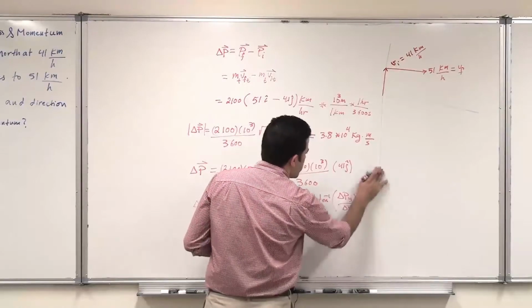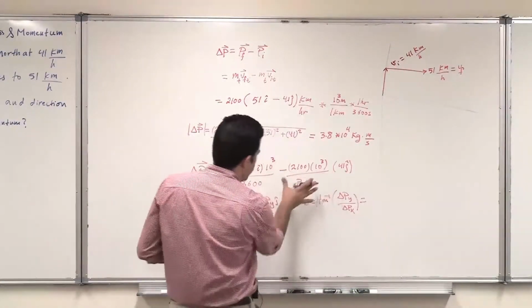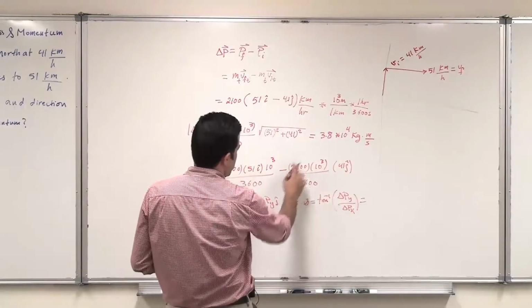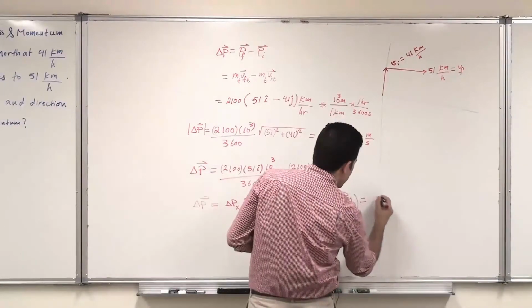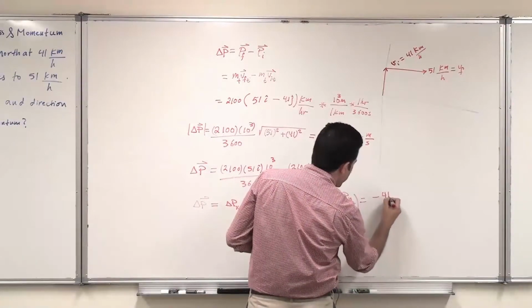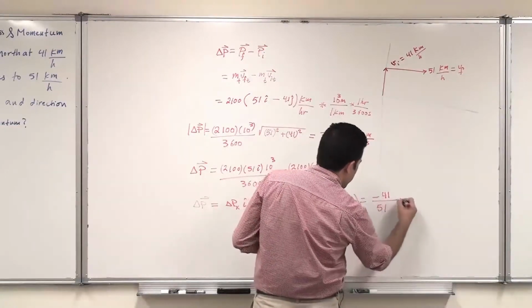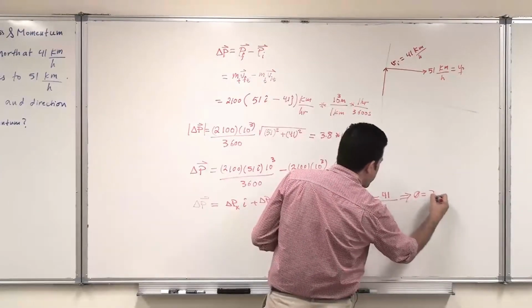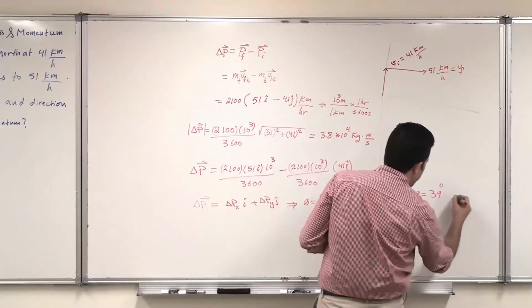And as a result, it is basically this delta Py divided by delta Px, but we see that all these constants will disappear. Only I have the minus 41 divided by 51, and this will give that theta should equal 39 degrees south of east.